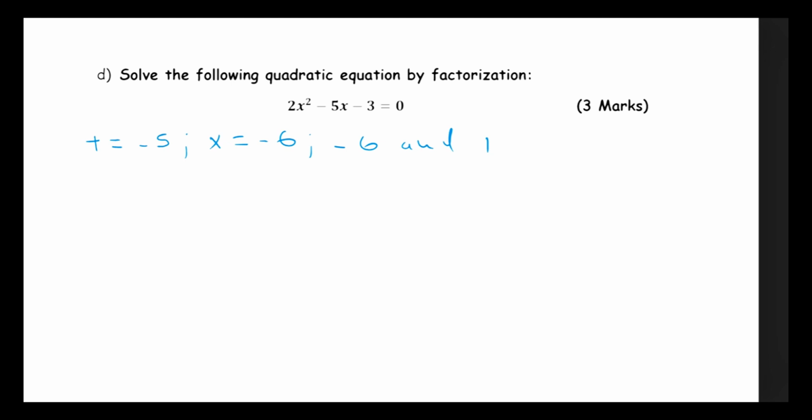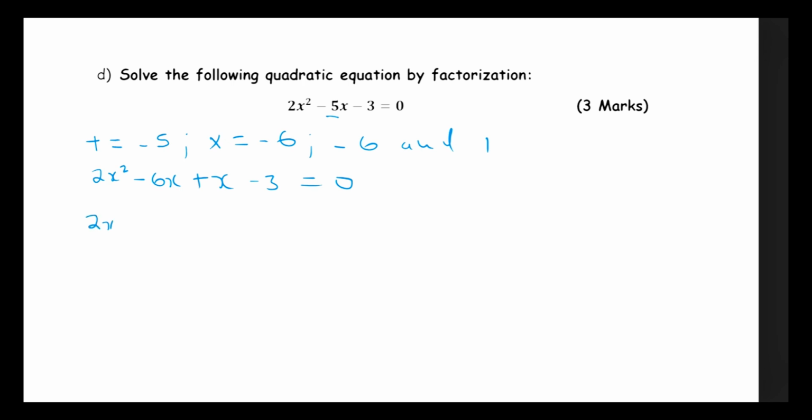After that, you're going to split b, that is -5, into -6 and +1. So we write the equation as 2x squared minus 6x plus x minus 3 is equal to 0. The common factor between these two is 2x.